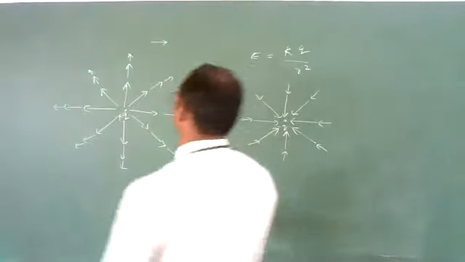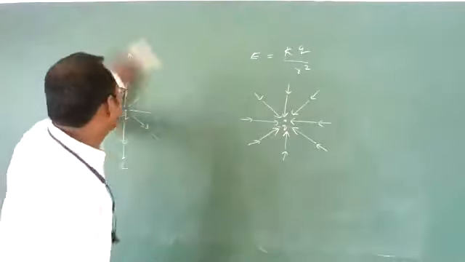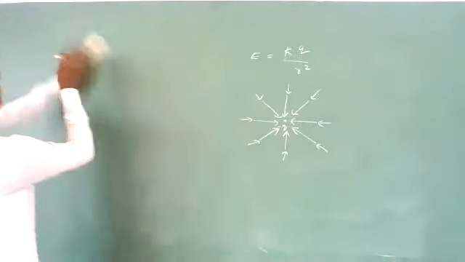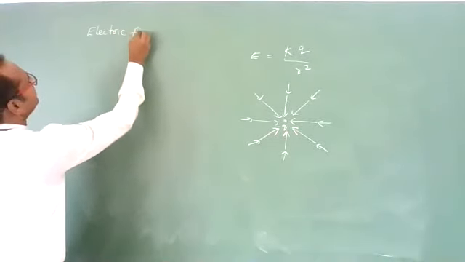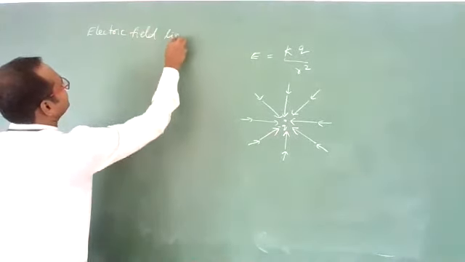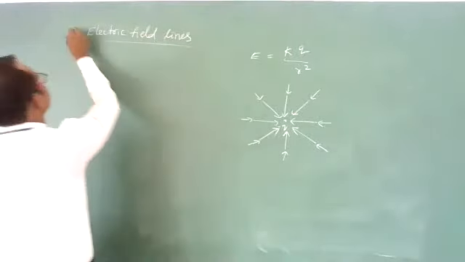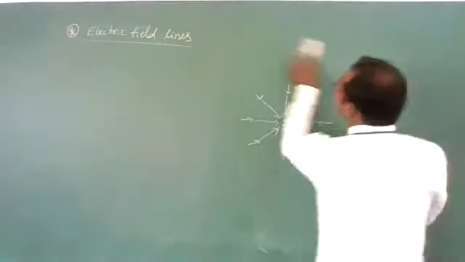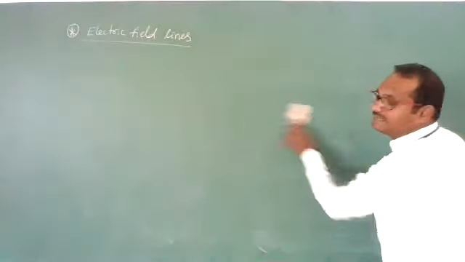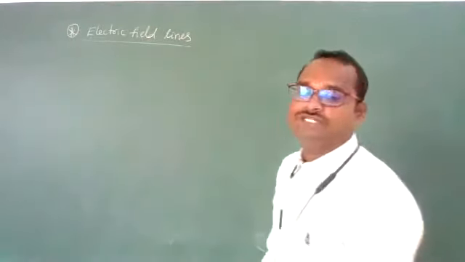Now, next we need to discuss electric field lines. What are these electric field lines? It is an important concept. Electric field lines are nothing but the path in which a unit positive test charge will move.